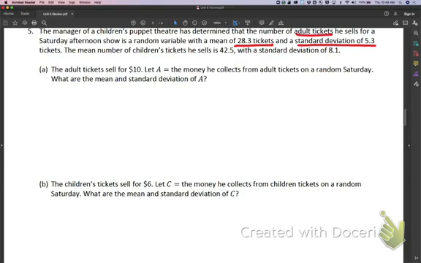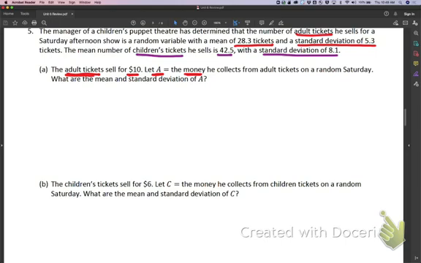The mean number of children's tickets that he sells is 42.5 with a standard deviation of 8.1. So this first question here, part A, is about the adult tickets. The adult tickets sell for $10 each. We're going to let A equal the money he collects from adult tickets on a random Saturday.